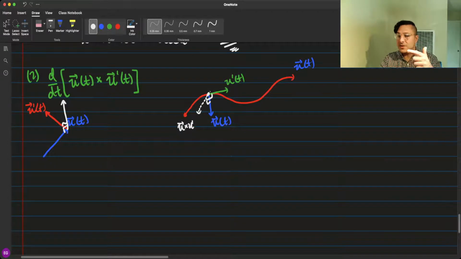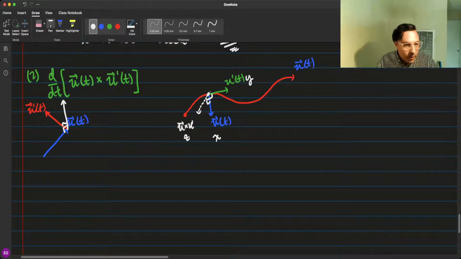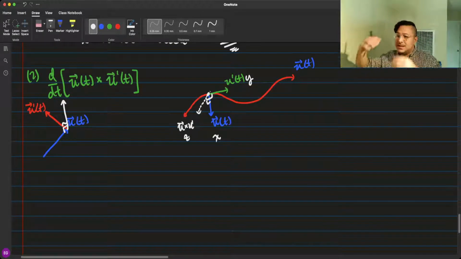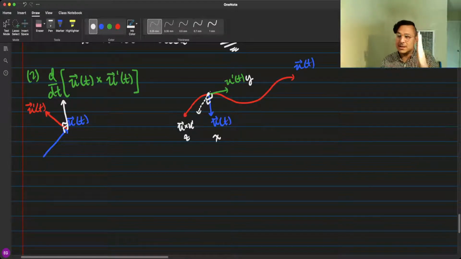If you look at these three things, they're three axes, sort of like an x, y, and z axis. What this allows you to do is, at any single point, set up these axes where your y-axis is tangent to the curve, your x-axis is determined by the curve, and your z-axis is perpendicular to both of those.